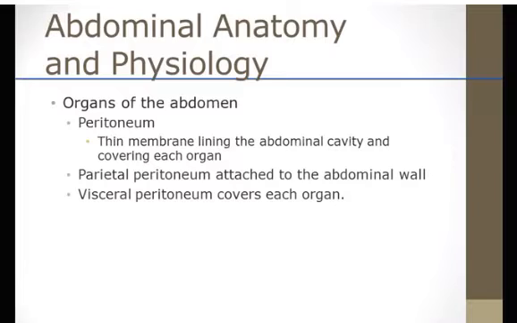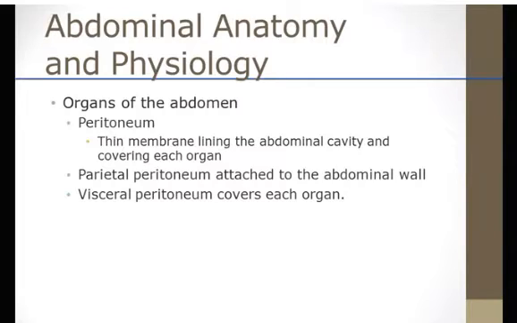So the peritoneum, we're going to talk a lot about the peritoneum. The peritoneum is a thin lining, and it lines the inside of the abdominal cavity. Let me back this up. There's a lining on the inside of the abdominal cavity, and then there's also a lining around each organ.